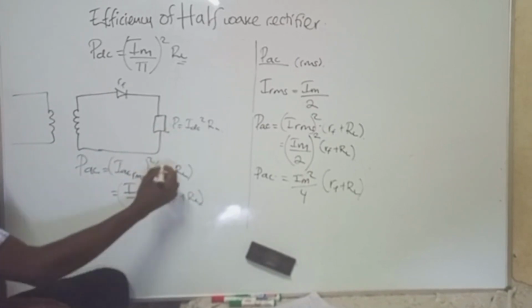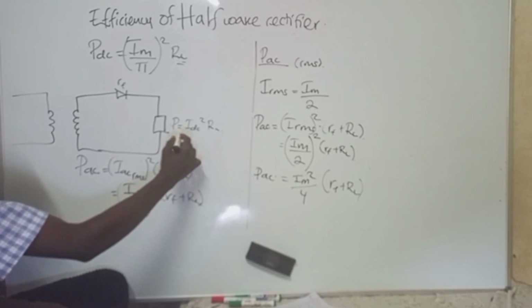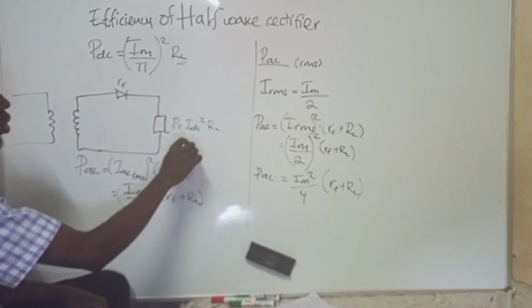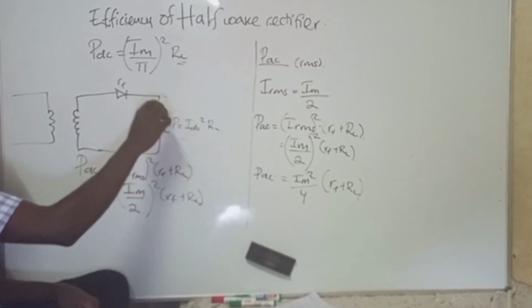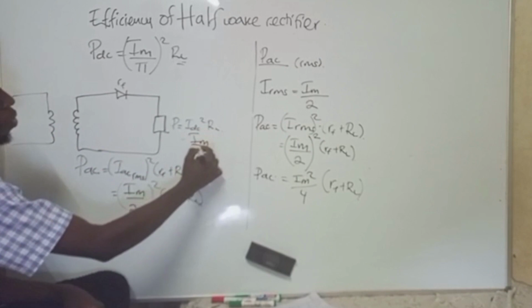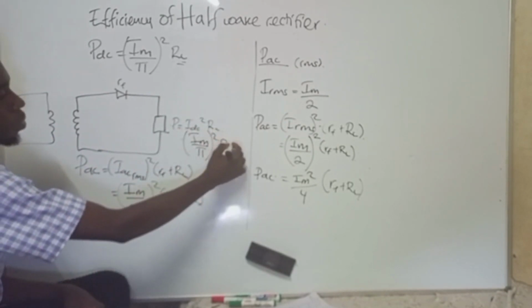Whenever you're working with the DC power, the DC power P_DC is going to be equal to I_DC, and I told you, you can simply get I_DC being I_M over pi. Then you square it times R_L.